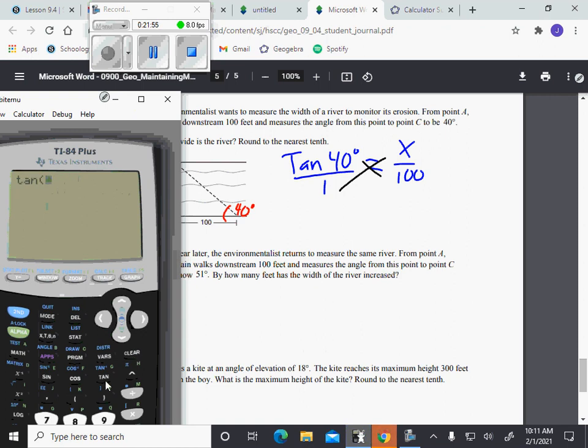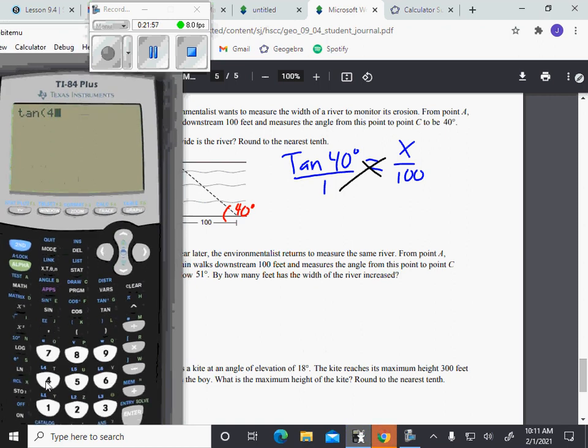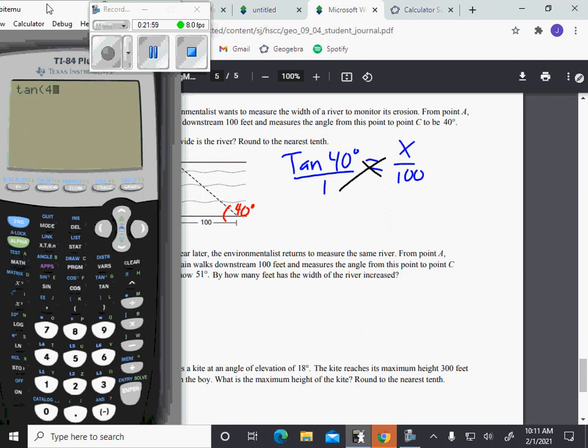The tangent of 40 degrees equals that. Multiply that by 100. We're going to get 83.9. X equals 83.9. What does it say around here? Yep, nearest tenth. Is it feet? Yep, 100 feet. Feet.